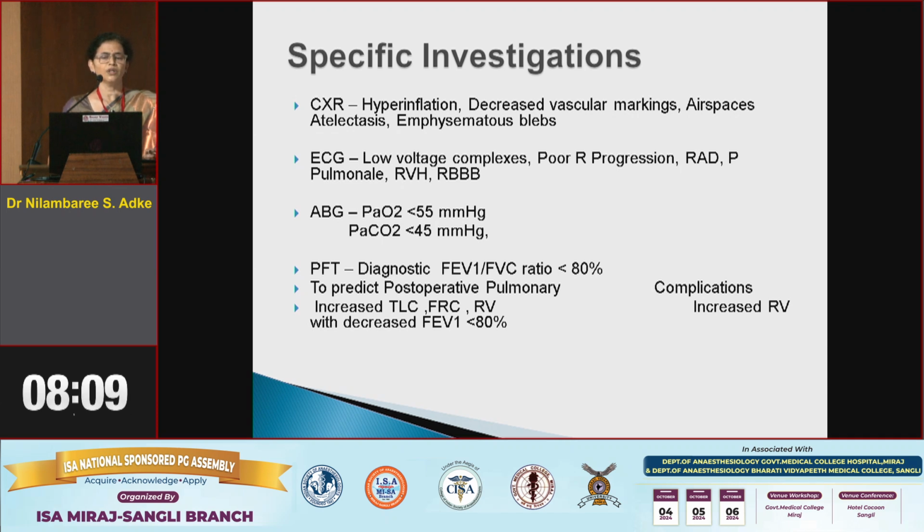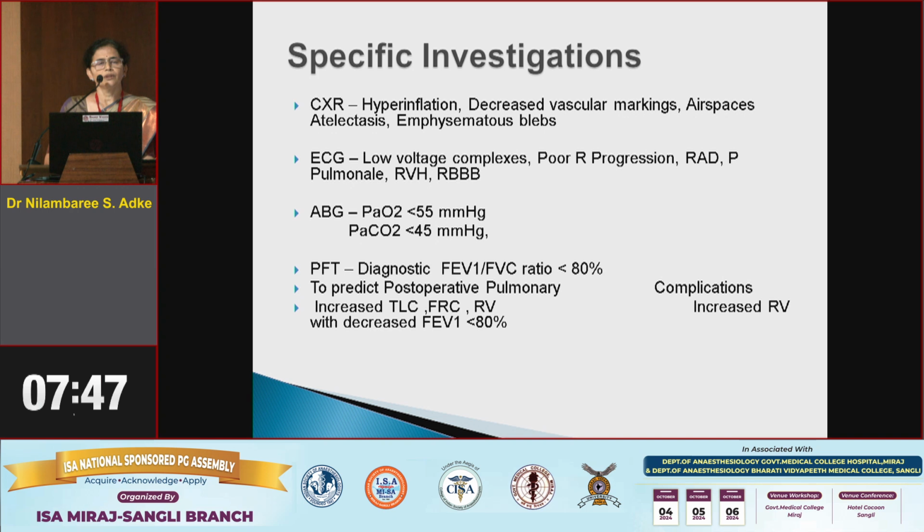Then ABG may show less than 55 of oxygen and more than 45 mm of mercury CO2. That then needs improvement of his condition by giving him respiratory physiotherapy and respiratory exercises.